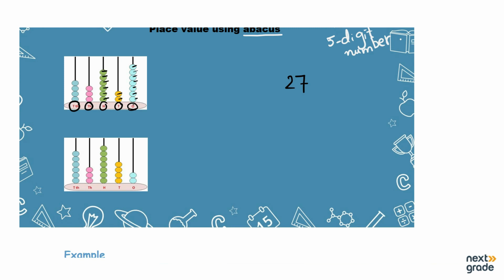So I'm going to write 6 at the hundreds place. Next comes thousands, and thousands have how many beads? 3 beads. So we write 3 over here. Looking at the 10,000s place, we'll count the beads: 1, 2, 3, 4, and we'll write 4 over here. So what is the number?